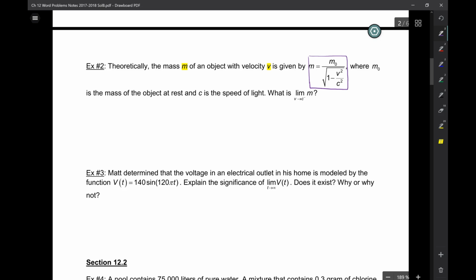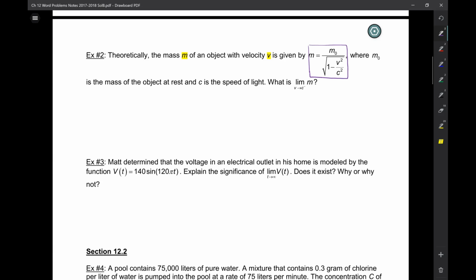Or if c is, let's say, 5, then this would be 4.999999. It's pretty much 1. So 1 minus 1 is approaching 0. So m naught over that is infinitely large.